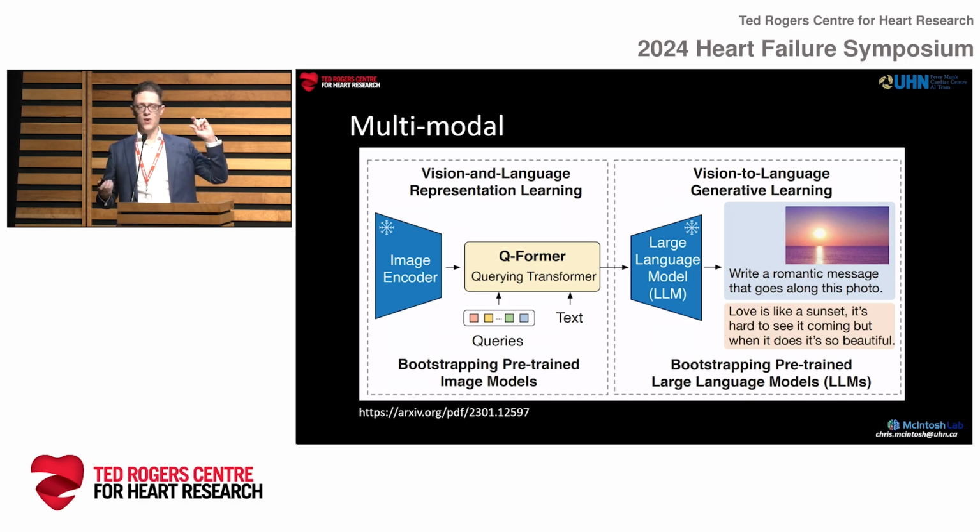It takes those 5 output numbers from the vision encoder and translates them into numbers that the language model can understand, just like a translation from English to French or vice versa. That little Q-former in the middle is trained to take the representation from the image and translate it to the language model, and the language model is then able to take, in this case, a picture of a romantic sunset and write a little poem that goes along with it.